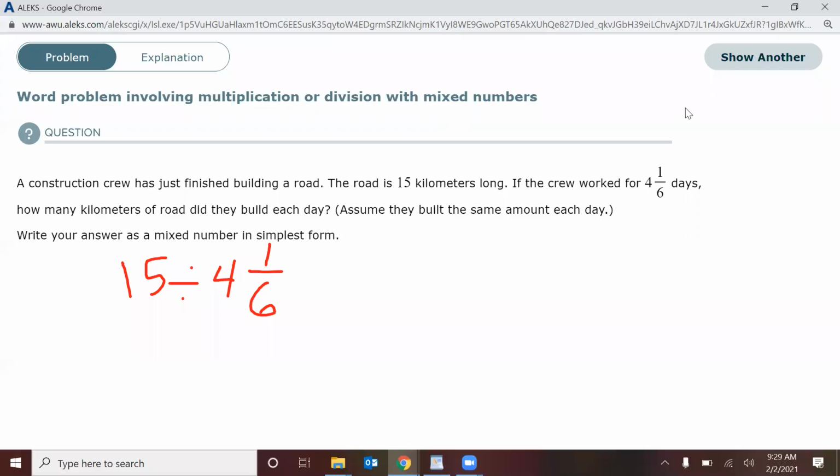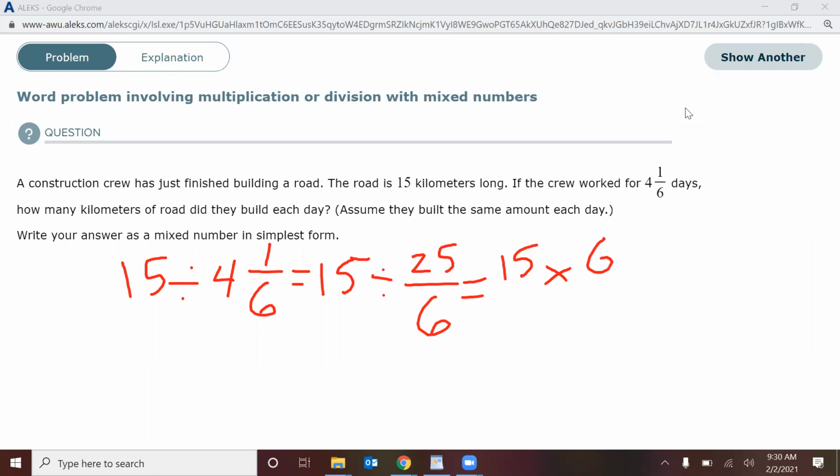So once again, we would write the mixed number as an improper fraction. 6 times 4 is 24, plus 1 is 25/6. And because we have division, we will rewrite that as multiplication by taking the reciprocal of the second fraction.